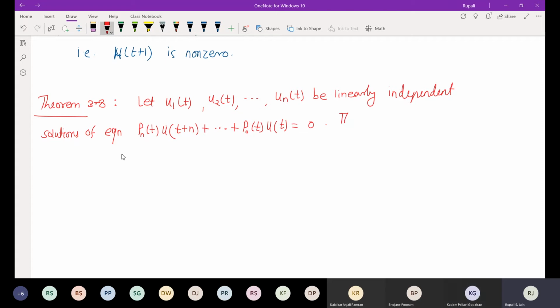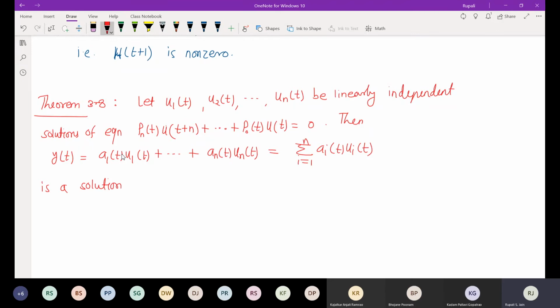Then yt is equal to a1t u1t plus and so on ant unt, that is the summation i is equal to 1 to n of ait uit, is a solution. A solution of which equation? It's a solution of equation 3.4.